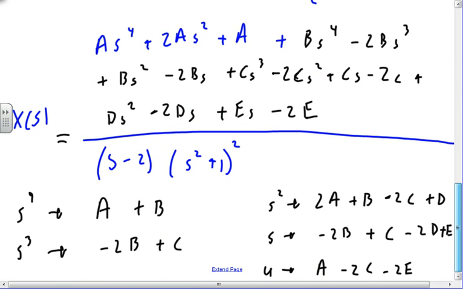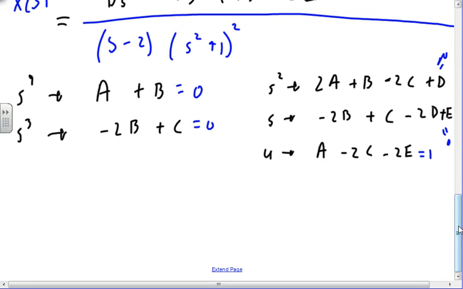Yeah, everything's 0 except the unit term. Okay, is equal to 0, is equal to 0, is equal to 0, is equal to 0, is equal to 1. Okay, we can live with that. Can we live with that?